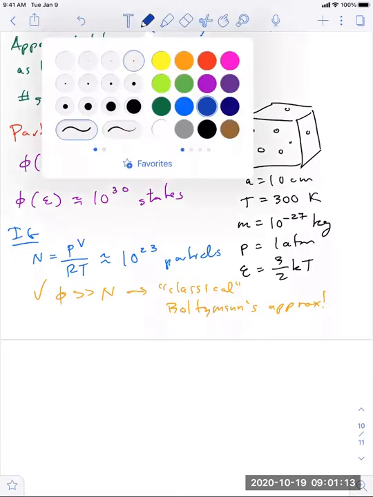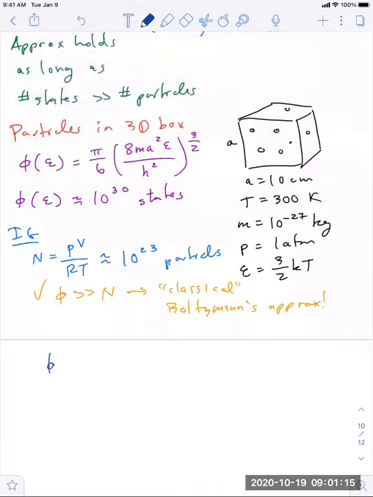So we can think that we want the number of states to be higher than the number of particles. And so the number of states that our system can explore increases with temperature. And then the number of particles in our system increases with density.